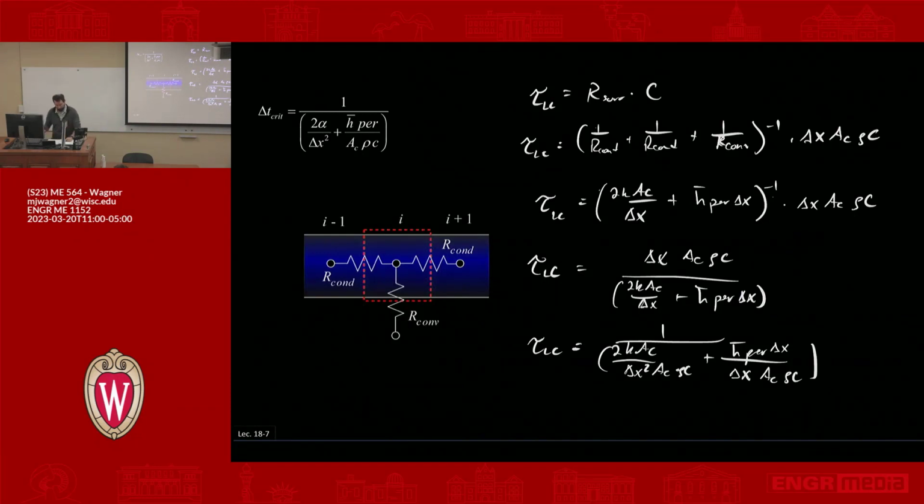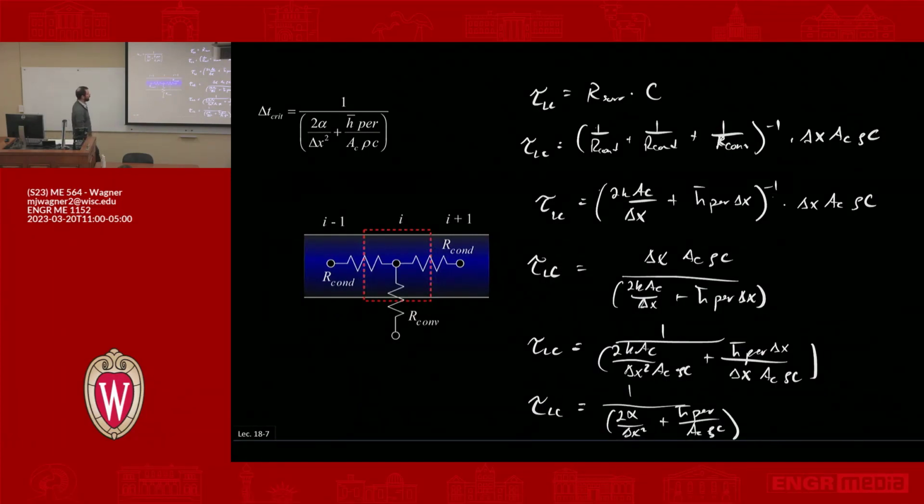Now we can simplify it down, and this becomes tau LC finally is equal to 1 over 2 times, well, K over rho C is alpha. So it's 2 times alpha over delta X squared plus H bar times perimeter over AC rho C. Okay.